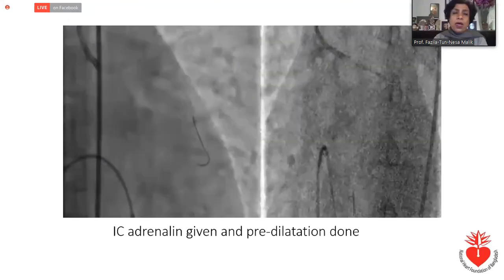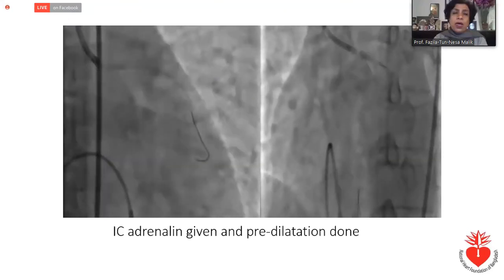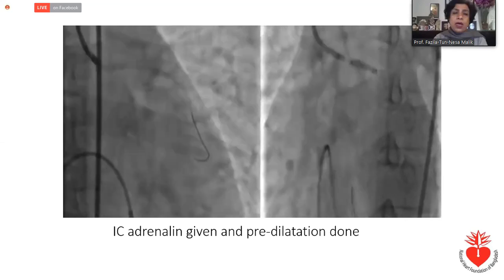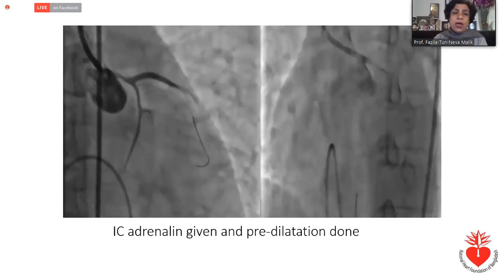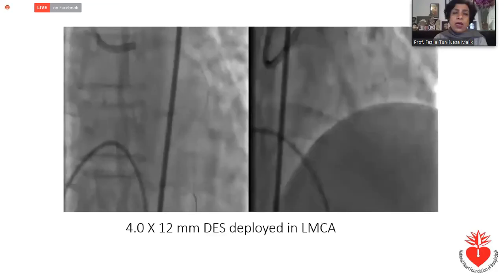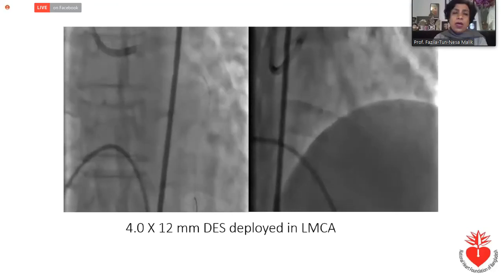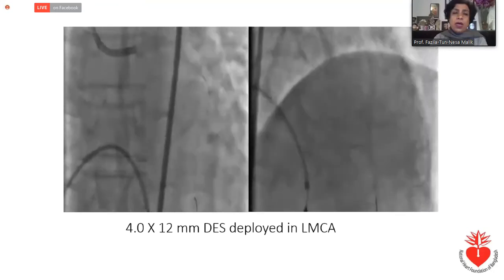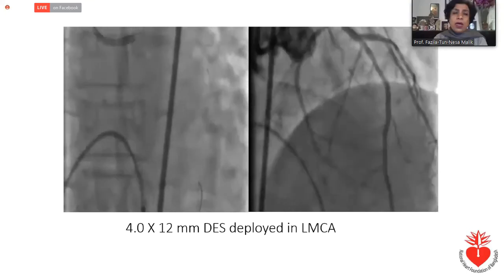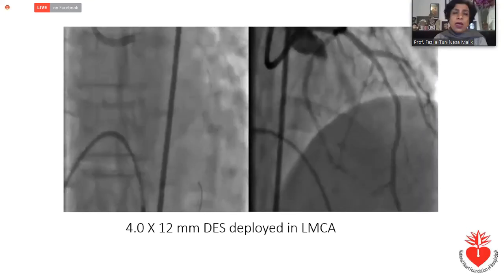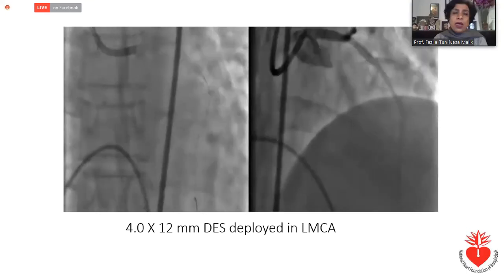We gave intracoronary adrenaline, which sort of jump-started the heart. We did pre-dilatation, and after that, we proceeded to deploy a 4x12 drug-eluting stent in the left main. I'm very happy to say that this patient walked alive to his home.